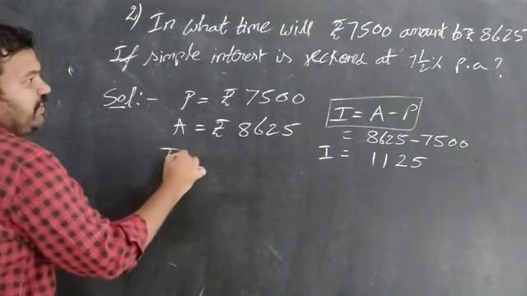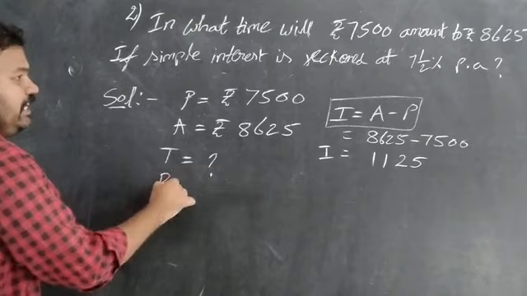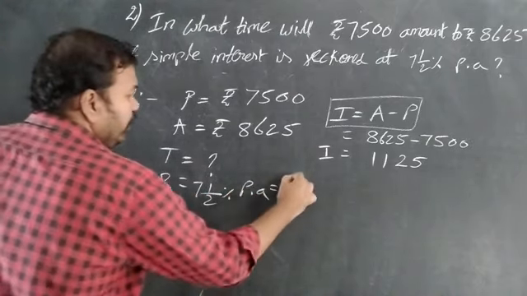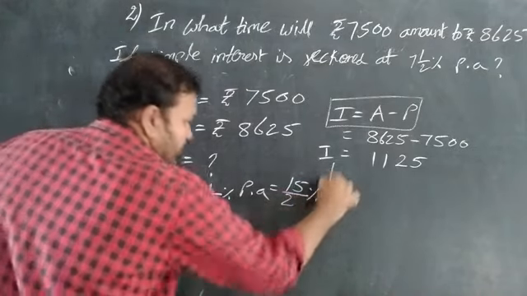Now time is given as question mark. Rate is equal to 7 1/2 percentage per annum, which is equal to 15/2 percentage.